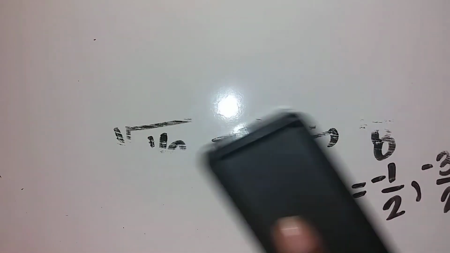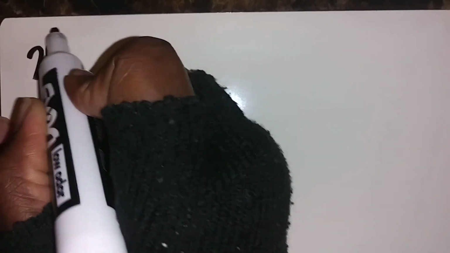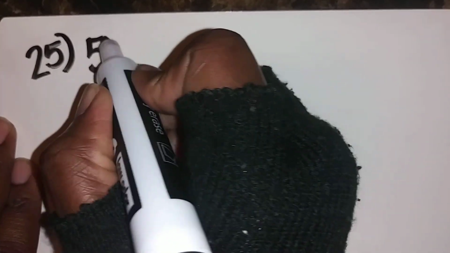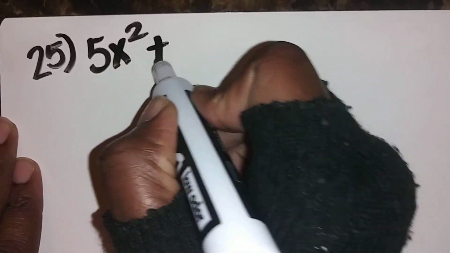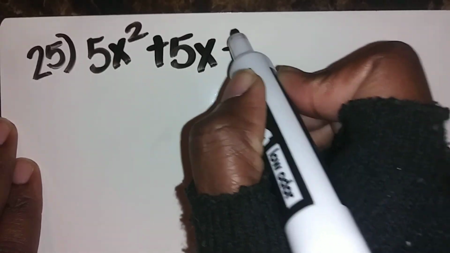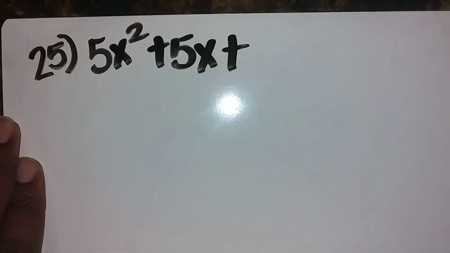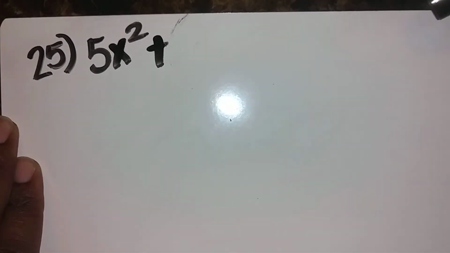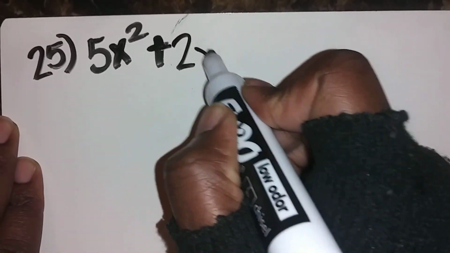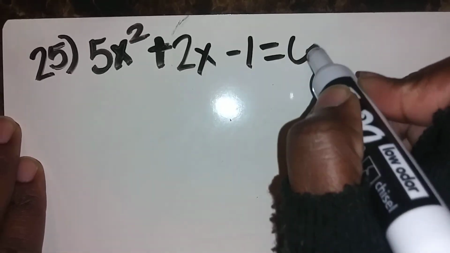Okay, I do want to do one more, because I want you to see one where it might not break down as pretty. But let's look at just one of those. Number 25. I have 5x squared plus 2x minus 1 equals 0.